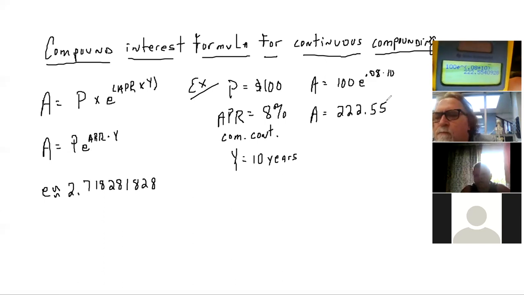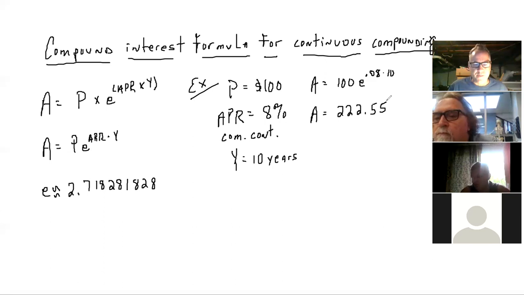On this calculator, when you hit E, it gives you a left parenthesis. Then you can type in the 0.08 times 10, and then I close parenthesis, and you can see that I got 222.55, and I rounded to the hundredths place.